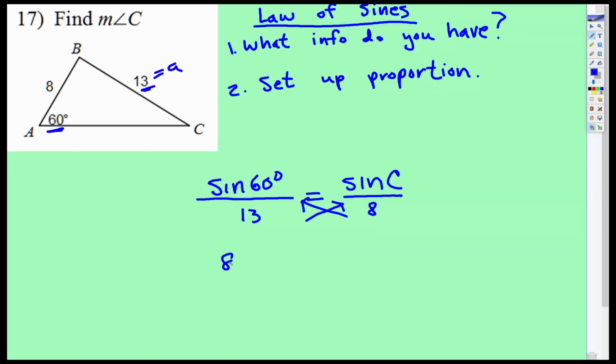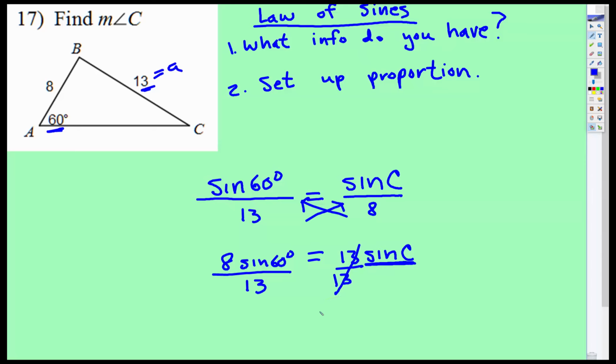So we have 8 times the sine of 60 degrees is equal to 13 times the sine of C. But again, we want to get this by itself, so we're going to divide both sides by 13. Whatever you do to one side, you do to the other.